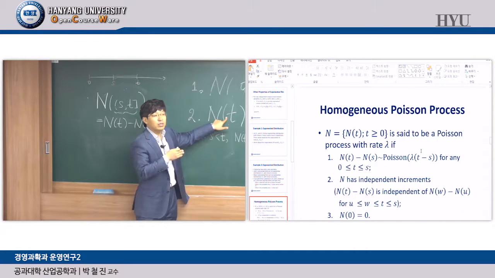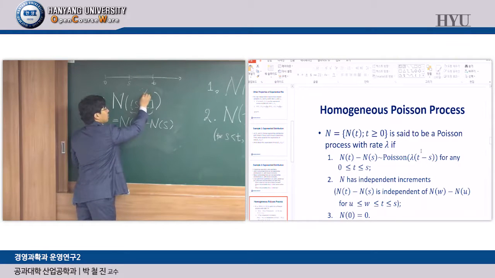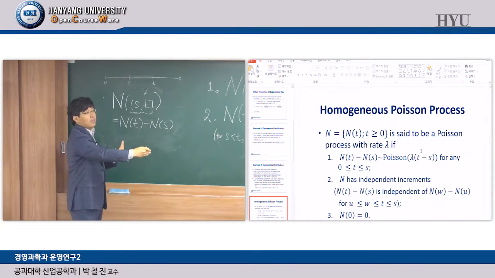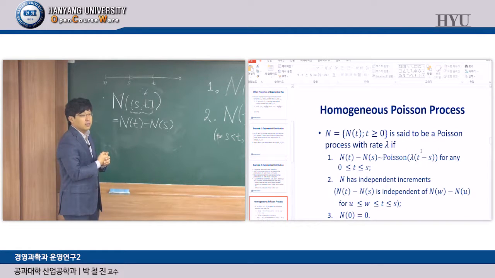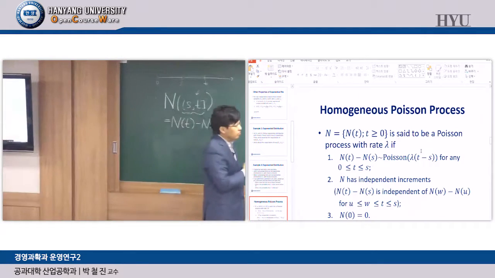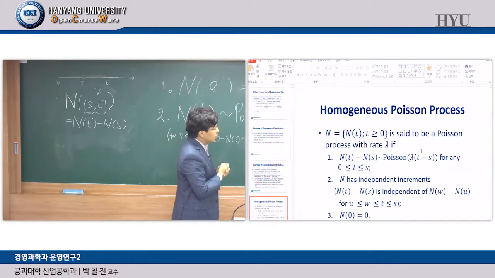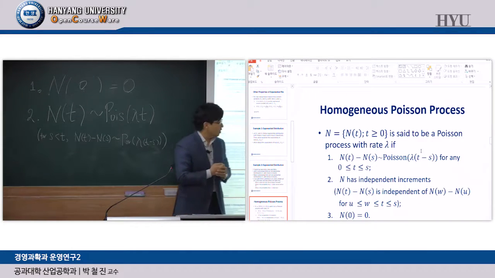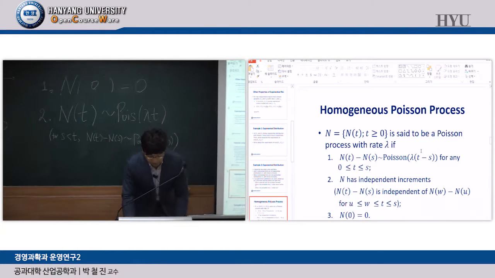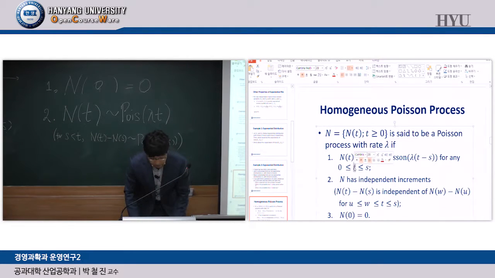Then this represents the number of events occurring from 0 to T. But if we put a certain amount of time from S to T, then this represents large N of T minus large N of S. Oh, okay, this one, yes, typo. I'm going to change it. First condition, I need to change this S to. Thank you.